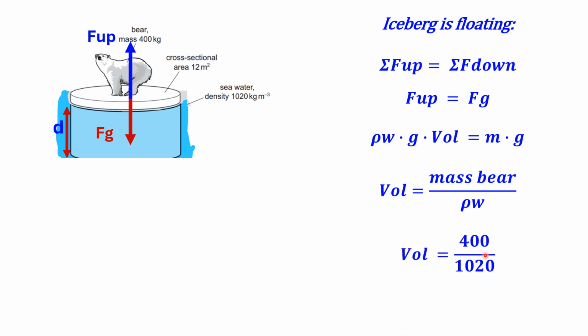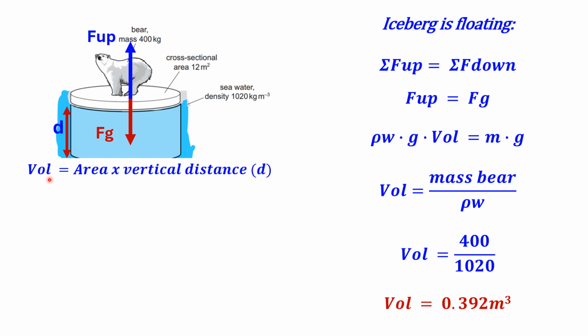The mass of the bear is 400 kilograms, the density of the water is 1020, so the volume of the water displaced, or the volume of the bottom part of the cylinder, is 0.392 cubic meter. Now to calculate the vertical distance we are looking for, we use the formula of a cylinder, because we are assuming the part that we don't see is also cylindrical.